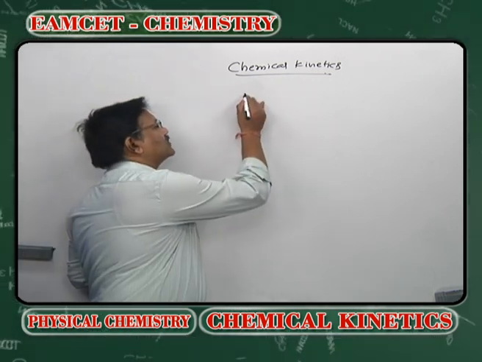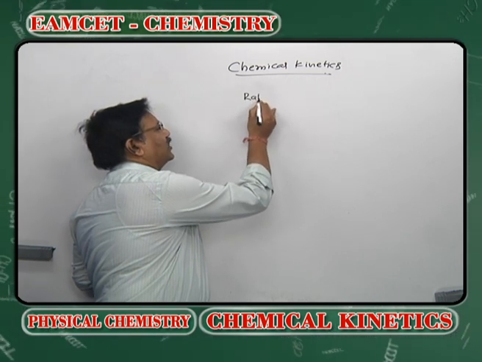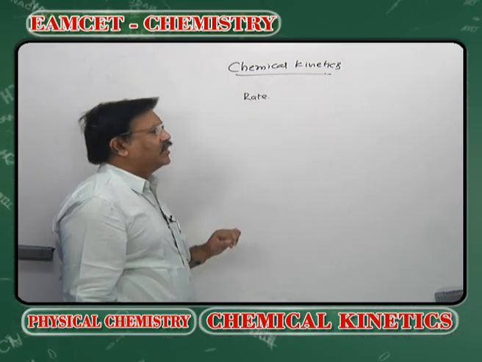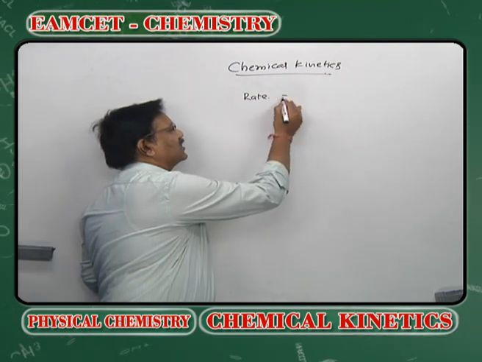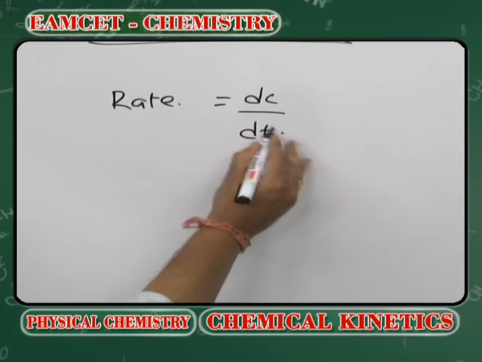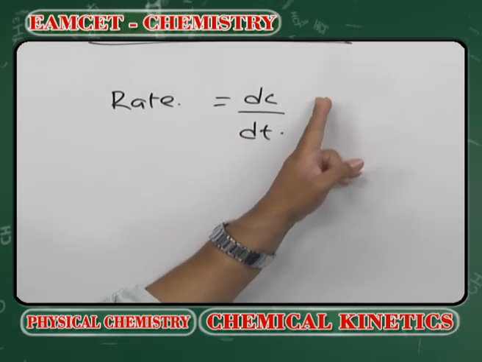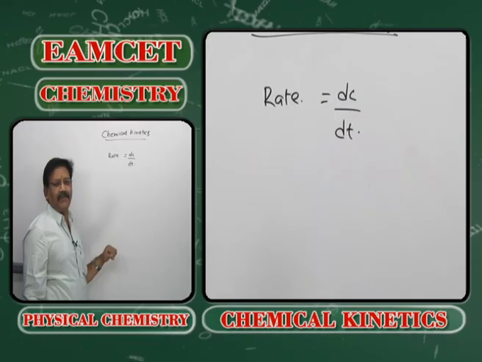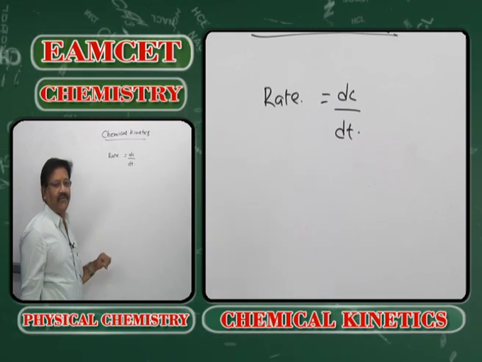Now what is rate? In case of solutions, rate is defined as dC by dt. What do you mean by dC? Change in concentration. What is meant by dt? Small interval of time.